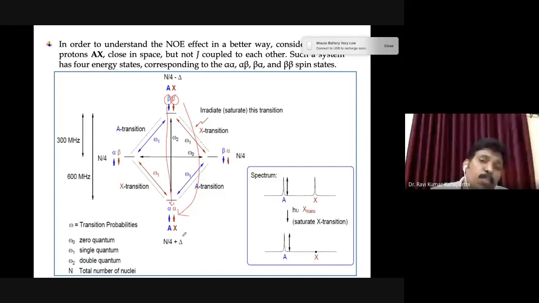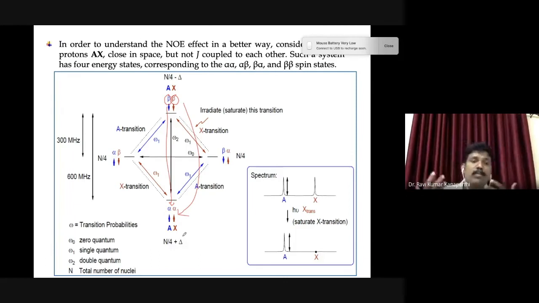So both are changing. Therefore, we call it a double quantum transition. So two nuclei are involved. That is the terminology. Please remember these things, because they are important to understand why the enhancement or decrease is happening.